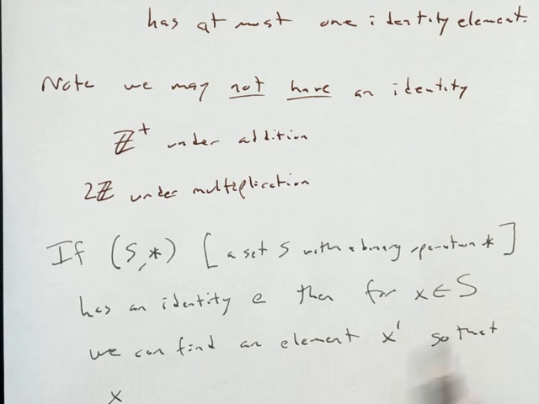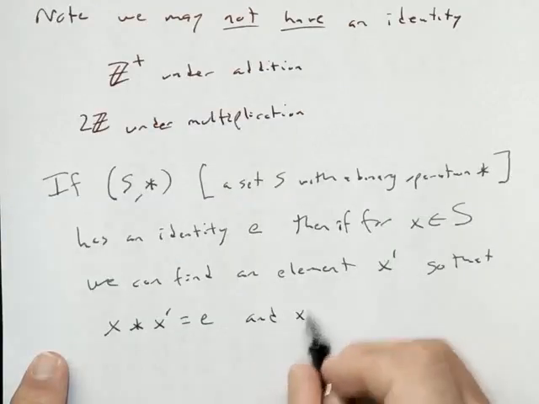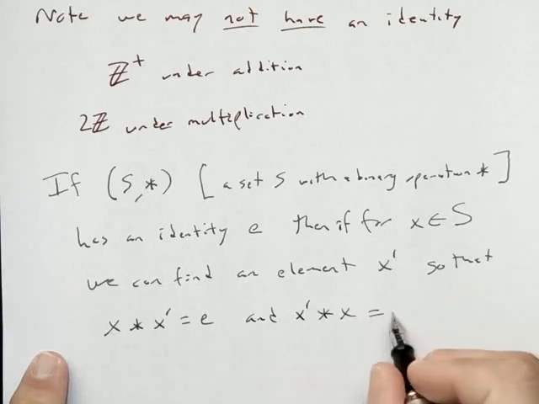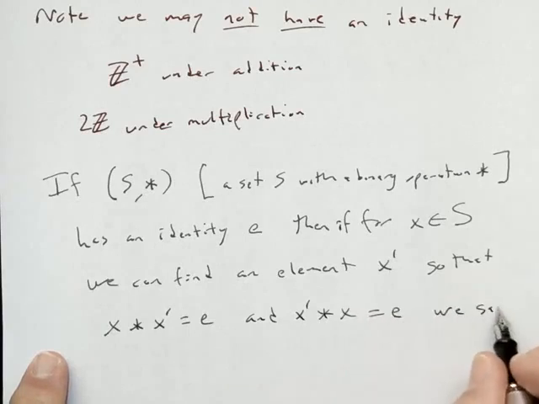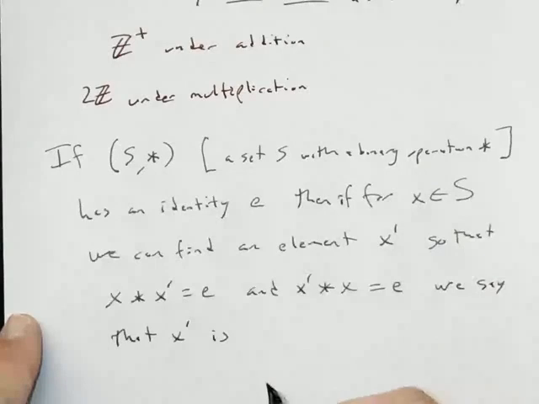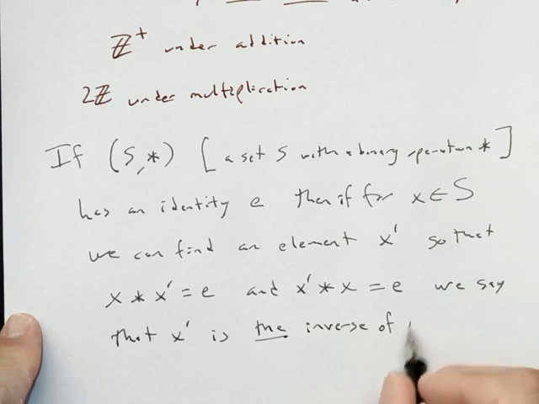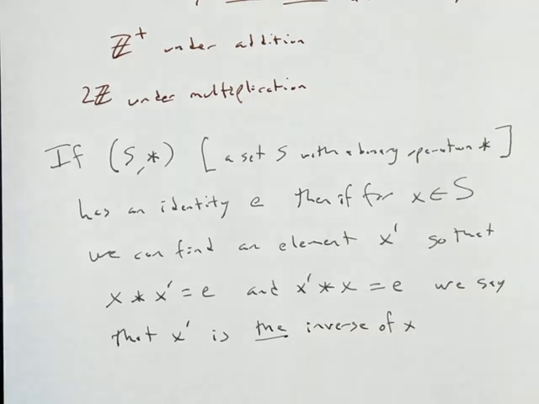Then if for x, we can find an element x prime so that x star x prime equals E, and x prime star x equals E, we say that x prime is the inverse of x.